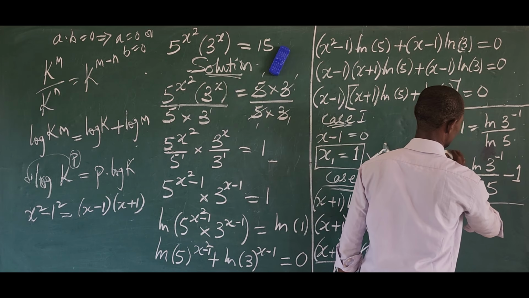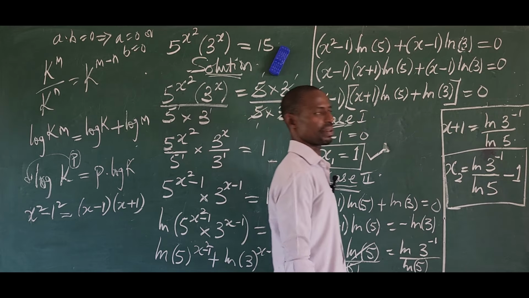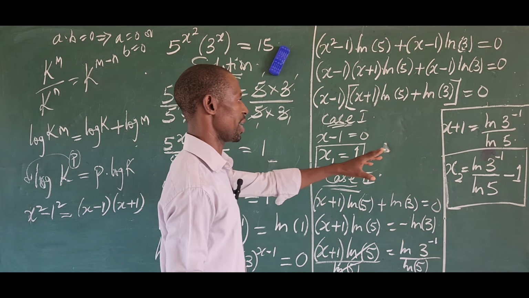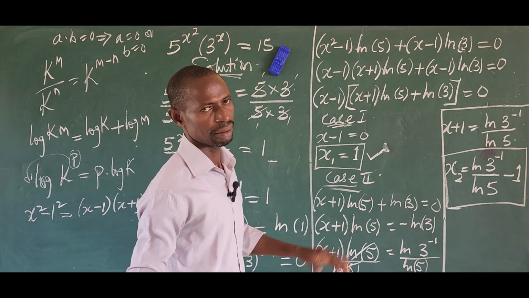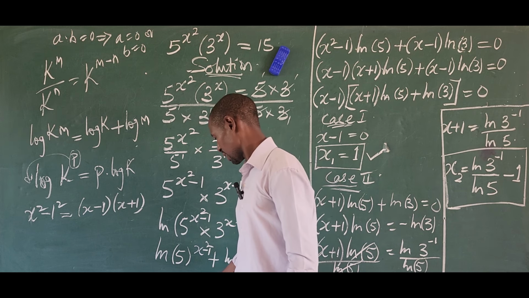All right, so this is the value for our x2 that will satisfy the original equation. And if you use your calculator to simplify this, then you get a value, plug it into this system, then it gives you 15.